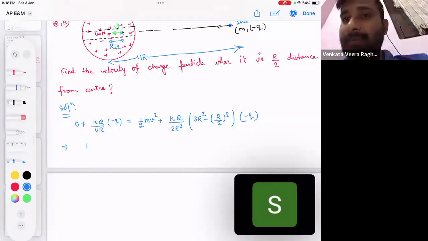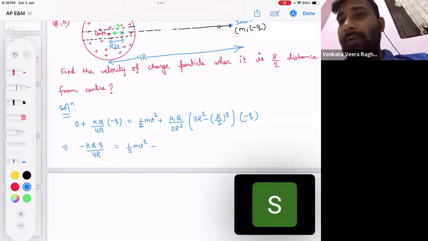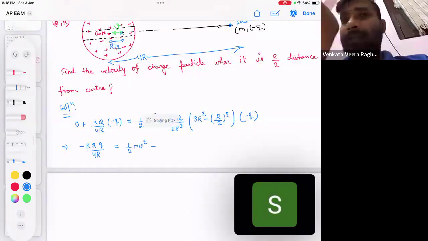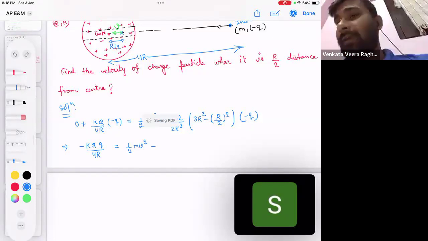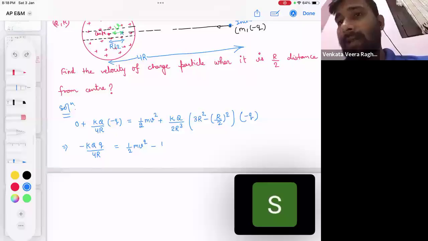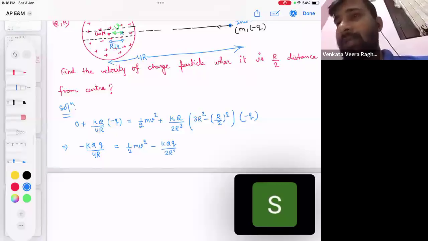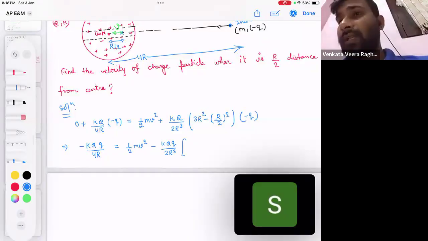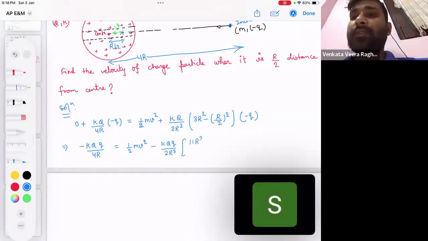Now simplify it. kQq by 4r with a minus sign equals half mv square plus, or better to say minus here, kQq by 2R cube and 3R square minus R square by 4 we will have, right? So 4 into 3, 12 minus 1, 11 R square by 4 will come.